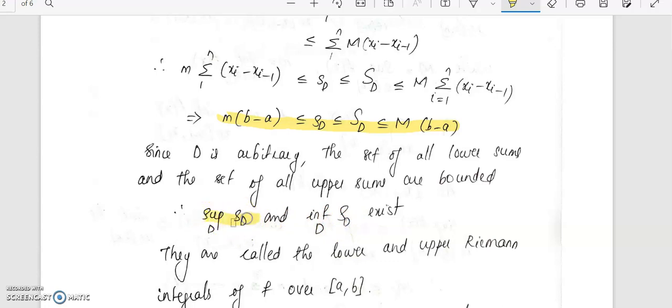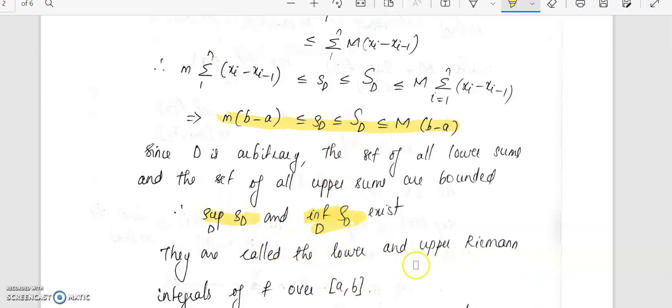The supremum of small s D is called the lower Riemann integral, and the infimum of capital S D is called the upper Riemann integral. Okay. Now if these two are equal, we say that the function is Riemann integrable.